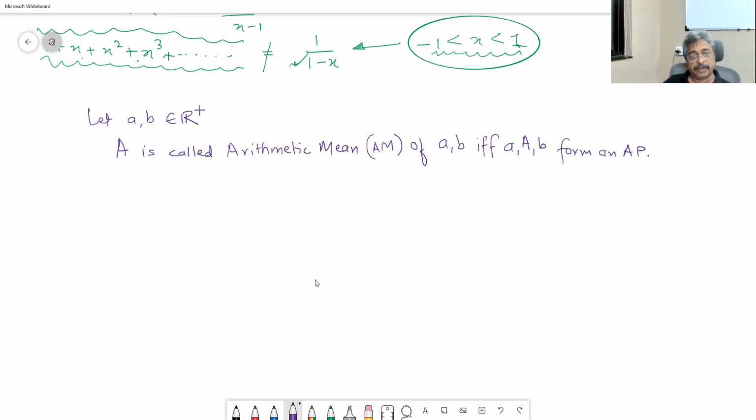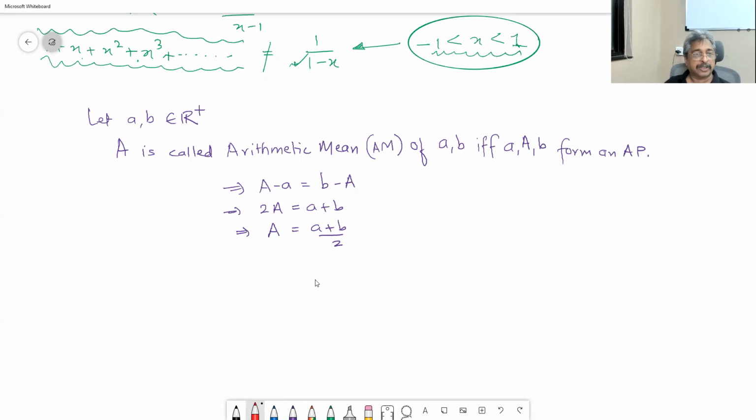So basically, therefore, A minus a is equal to b minus A. Therefore, 2A is equal to a plus b, which implies A is equal to (a plus b) by 2. Arithmetic mean is the summation of all the numbers, here they are 2, divided by the number of numbers.